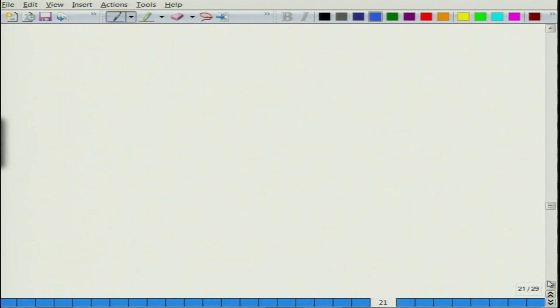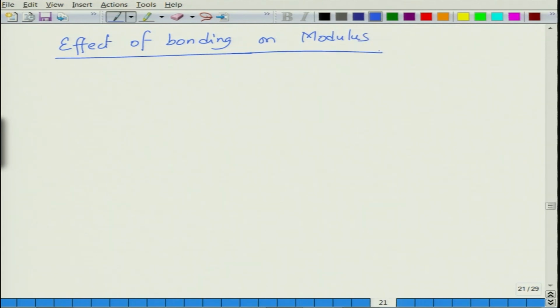Now, in the last lecture, in the end we talked about a relation of bonding with modulus. Based on the bonding we know there are different kinds of materials.